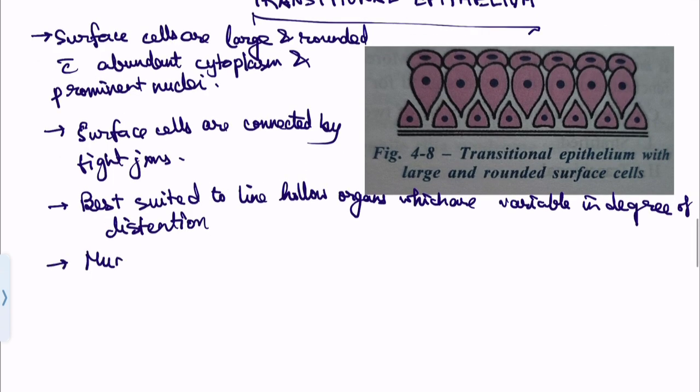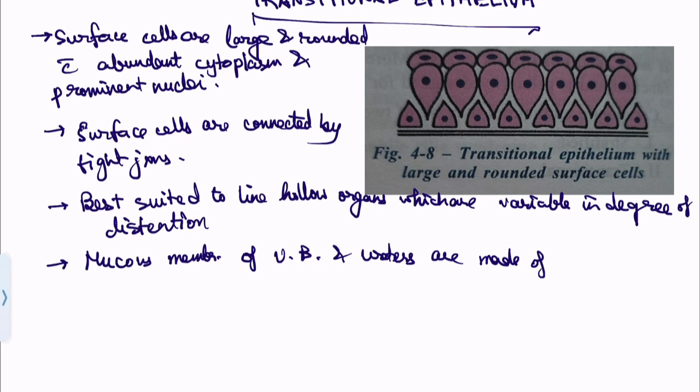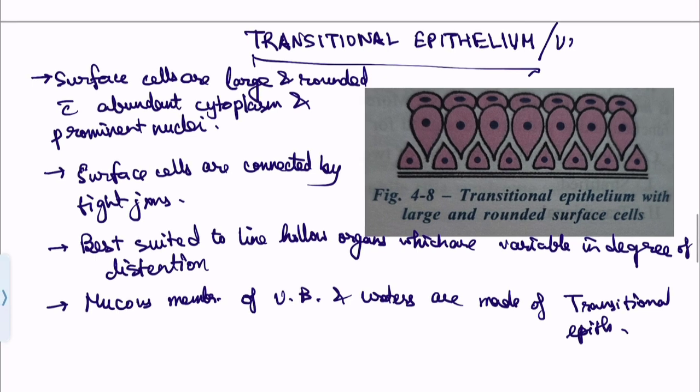Mucous membrane of urinary bladder and ureters are made of transitional epithelium. It is also known as urothelium because of this reason.